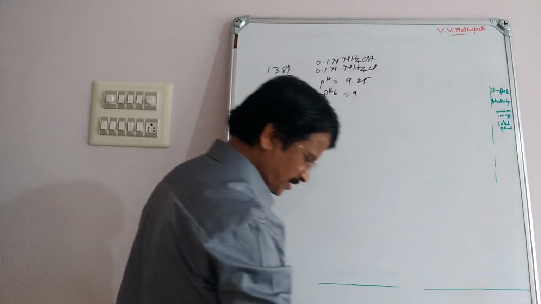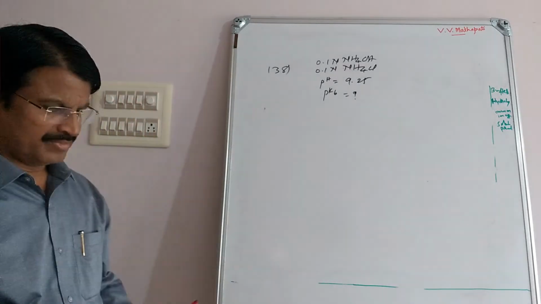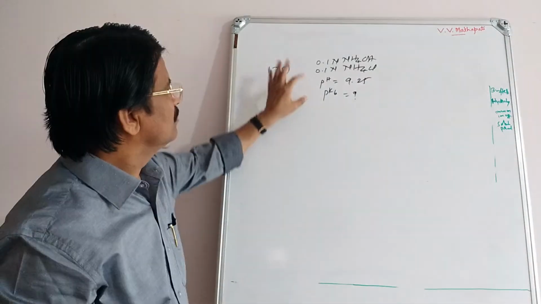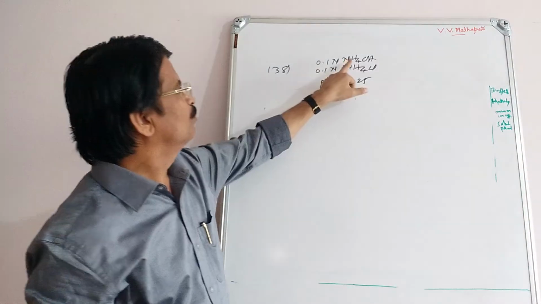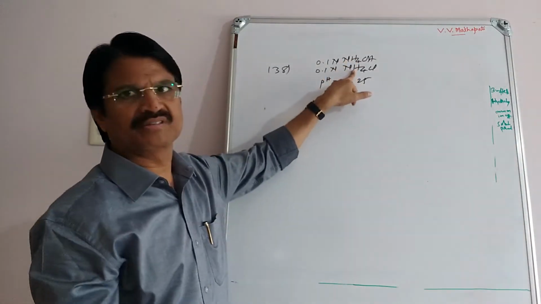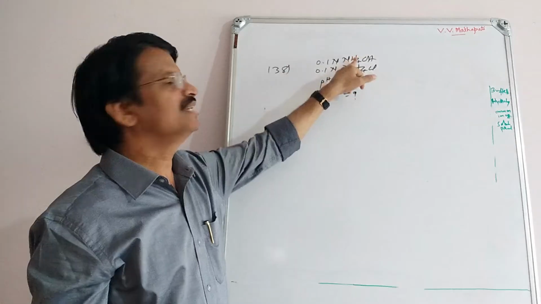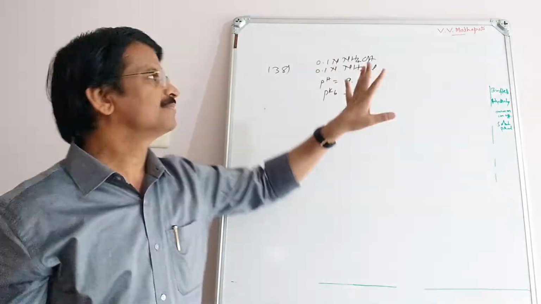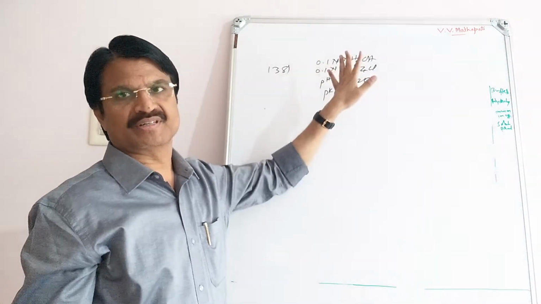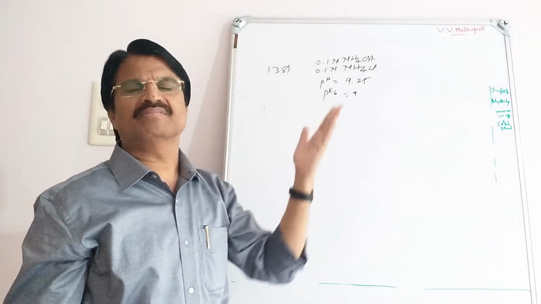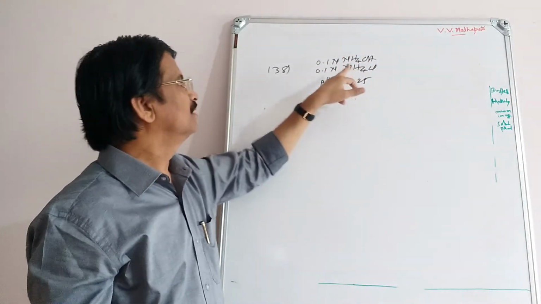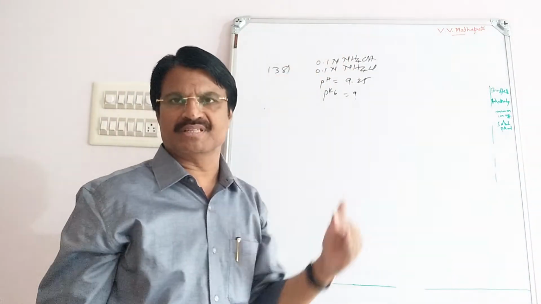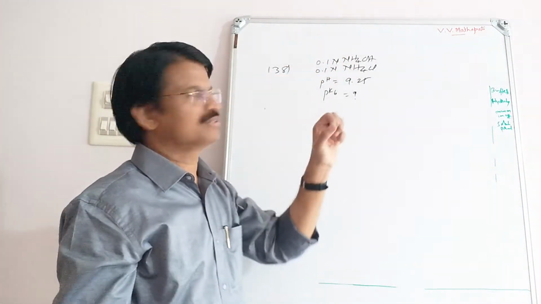In this question, first we have to decide what this solution is. Weak base and its salt. Important: weak base and its salt. It is nothing but a basic buffer. For basic buffer, even in the last class I told about basic buffer and acidic buffer, acidic solution, basic solution, and how to calculate pH values.